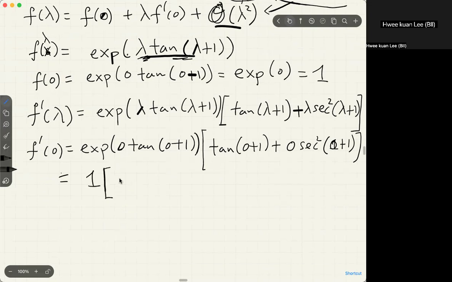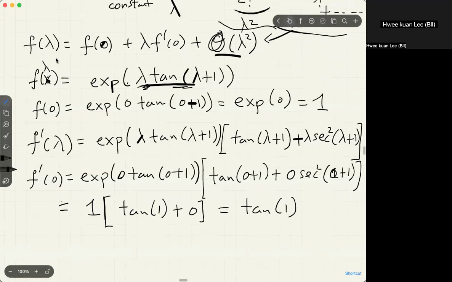Tangent of 0 plus 1 is tangent 1, right? 1 radian. 0 times secant square 1 is 0. Okay. Now we are left with tangent 1.